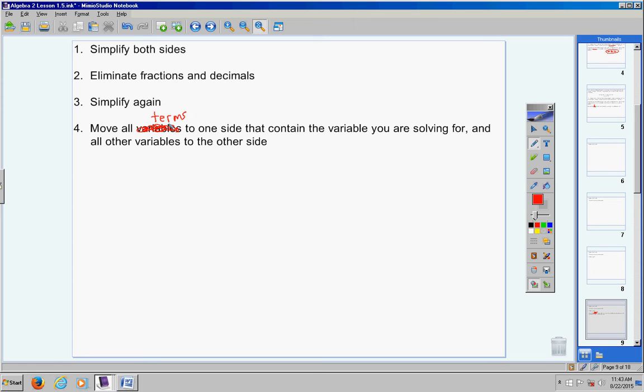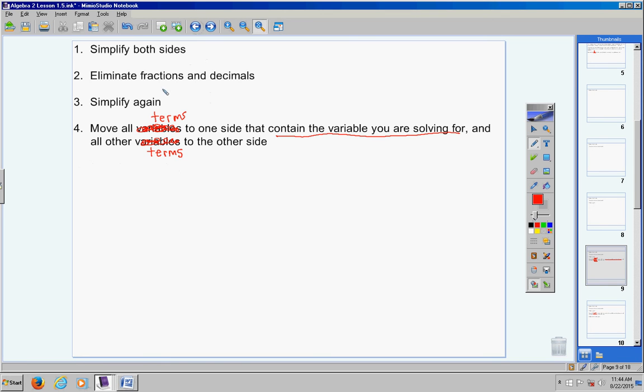Move all terms to one side that contain the variable you are solving for. Move all other terms to the other side. And please forgive my mistake there, okay? Now when I go to the next screen, that word terms is going to disappear, but you know this is terms and this is terms, okay?